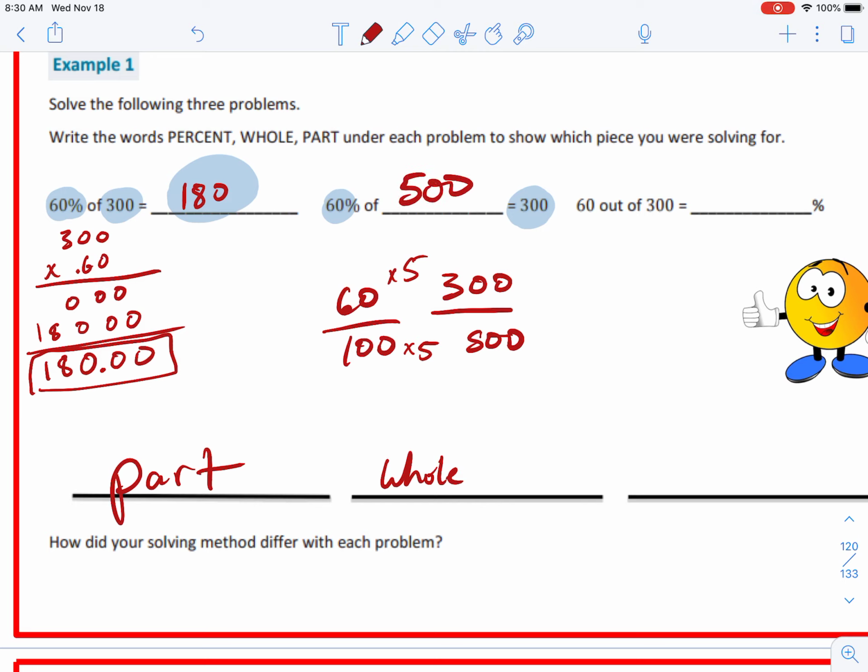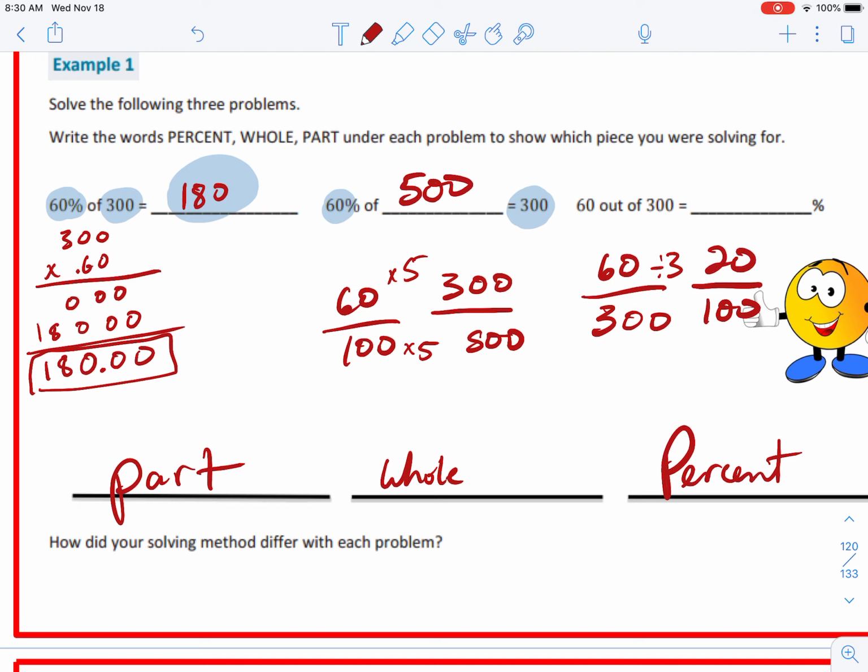Okay. The next one, 60 out of 300 equals blank percent. We're obviously looking for the percent here. Okay, 60 out of 300. There's 2 ways I can do this. I can divide, or I can compare to 100. What am I doing to 300 to get 100? I'm dividing by 3, so I do that to the top, and I get 20. 20 over 100 equals 20%.